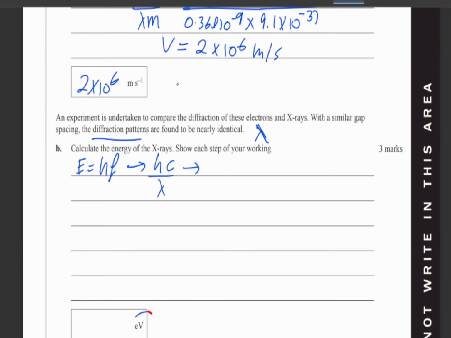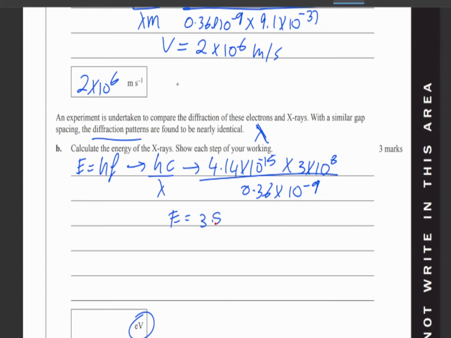So we wanted eV, so we used 4.1 times 10 to the power negative 15 times 3 times 10 to the power 8 over 0.36 times 10 to the power negative 9. So E should equal 3.5 times 10 to the power 3 eV.